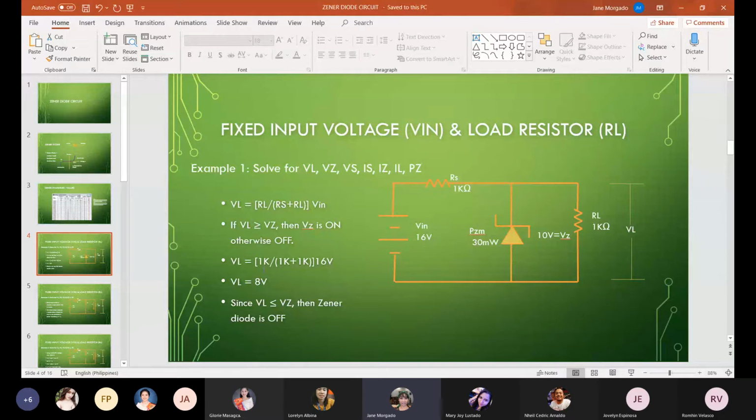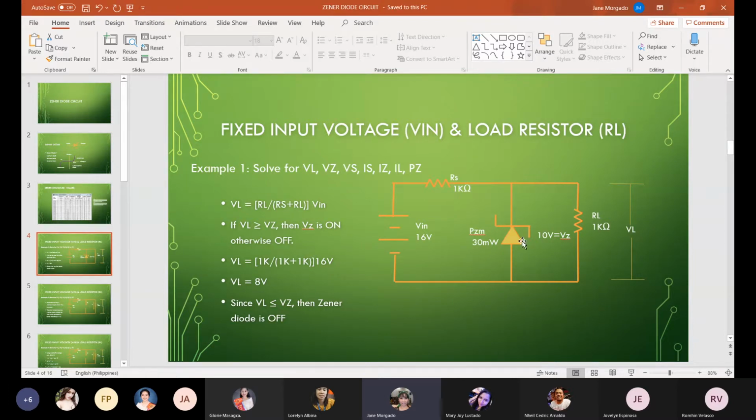So how are we going to know if the Zener is on or off? We have to check. Hindi pa natin masabi kung active siya or kung on or off. How are we going to know if it is on? Let's say we don't have a Zener diode here.